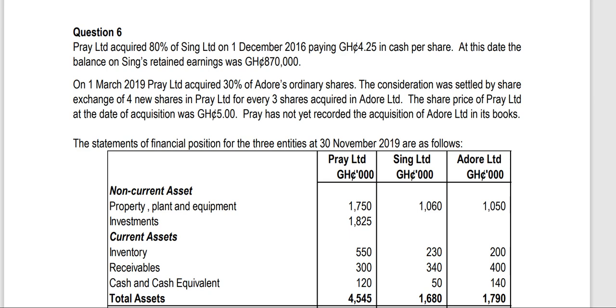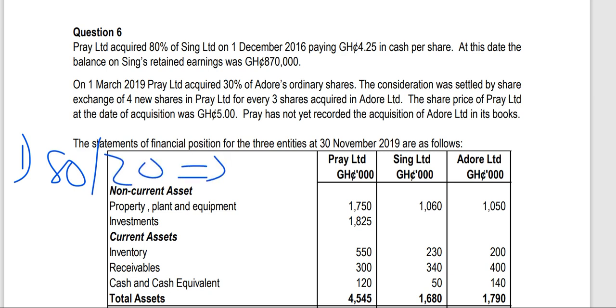So Pray Limited acquired 80% of Sing Limited on 1st December 2016, paying 4.25 in cash per share. At this date, the balance on Sing retained earnings were 870. So when you think about it, your structure for this is 80-20.